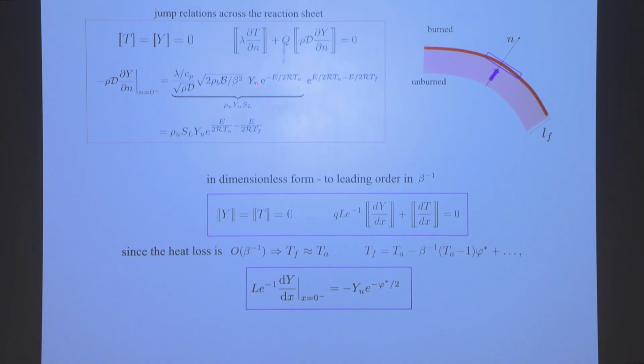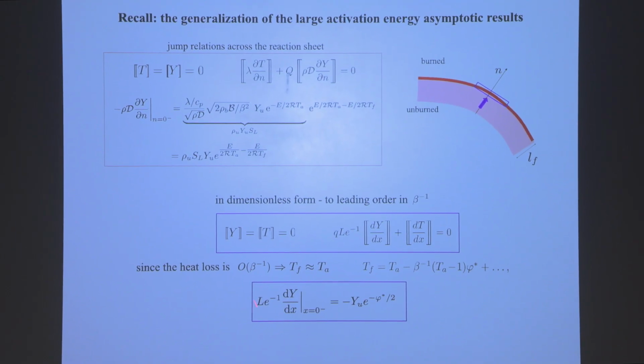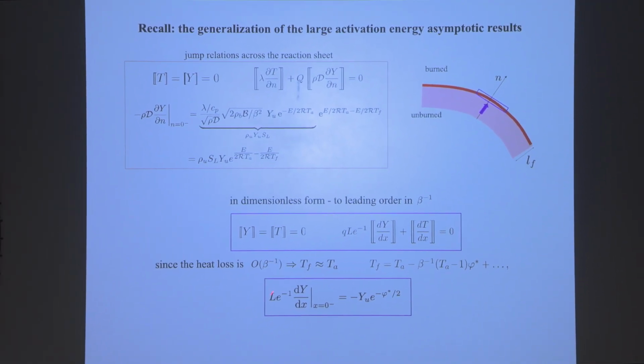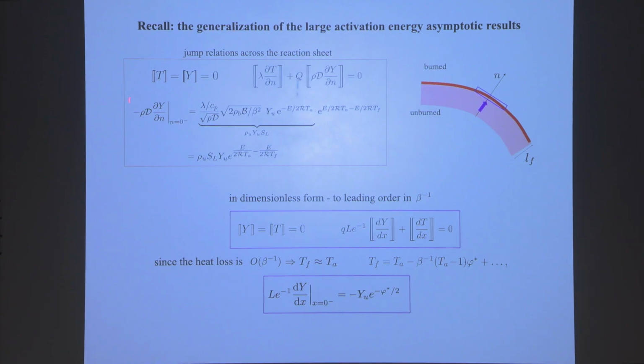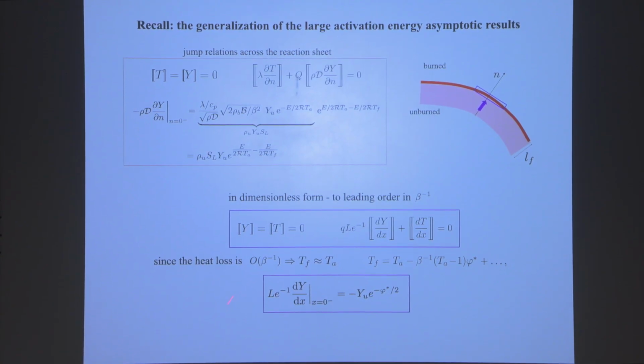So when I take this relation and express it in dimensionless form, I have here a Lewis number that effectively comes from this rho D and some other adjustment of the coefficient. On the right-hand side, the difference between E over T_A and E over T_F, since the assumption will be that small heat release will cause a small change in flame temperature, the flame temperature is written as the adiabatic temperature plus a small change.